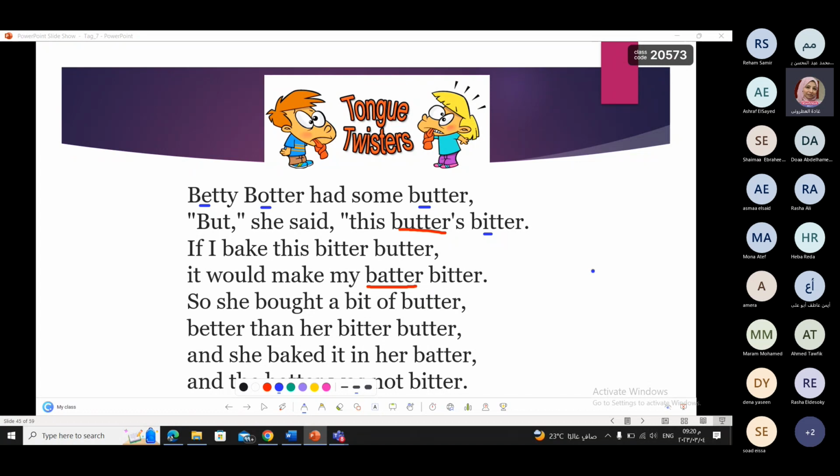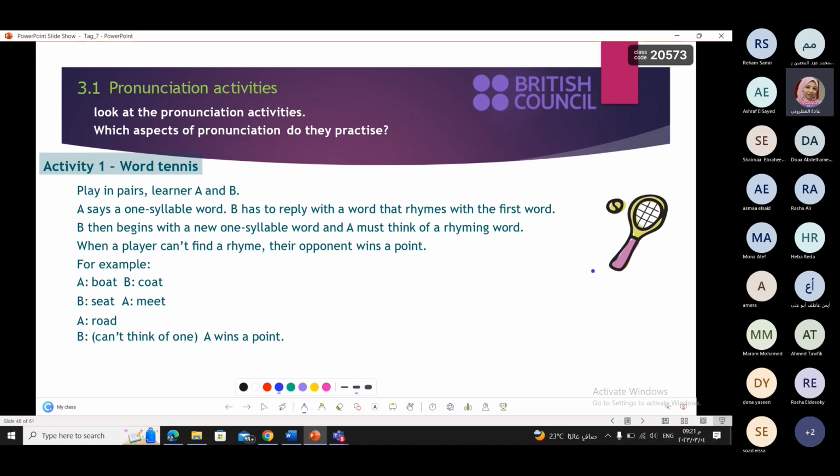Okay. Now let's move on to another activity where we can integrate pronunciation. For example, we have a game between two players, player A and player B. Player A says a one syllable word, and B, the other pair or the mate or the friend, has to reply with a word that rhymes with the first word.